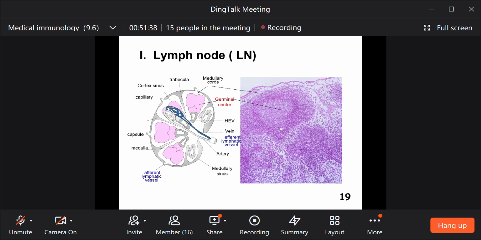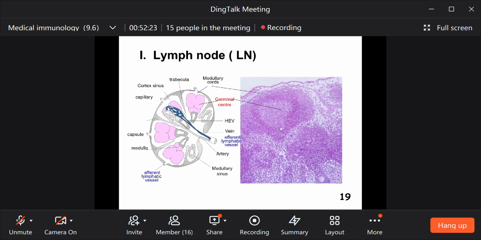Afferent lymphatic vessels and efferent lymphatic vessels. One is responsible for entering and one is responsible for going out. The lymph enters from one side and slowly moves past all the cells of the lymph node before leaving through the other lymphatic vessel.